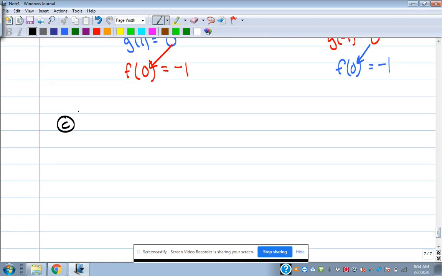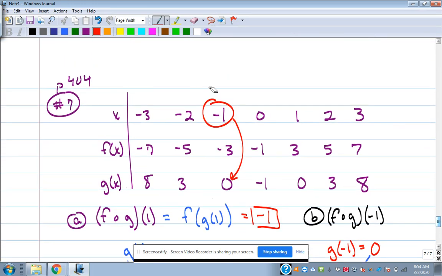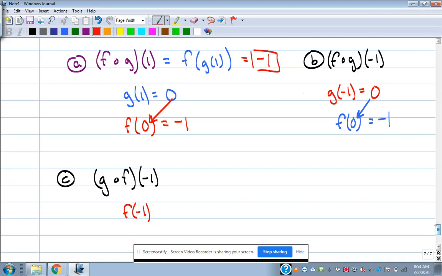C asks us to go g composed with f, so it turns it around, of negative 1. So the first function value I'm going to find would be f of negative 1. So I'll go up here to my rows, and we know f of negative 1 is negative 3.